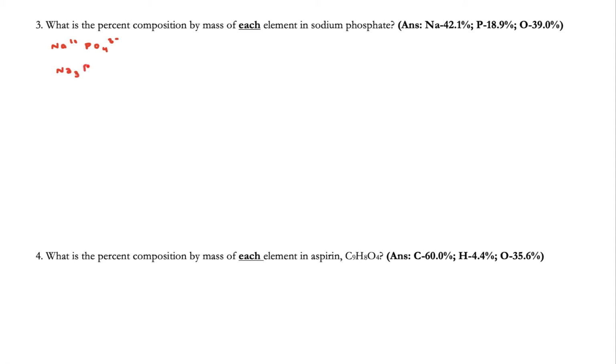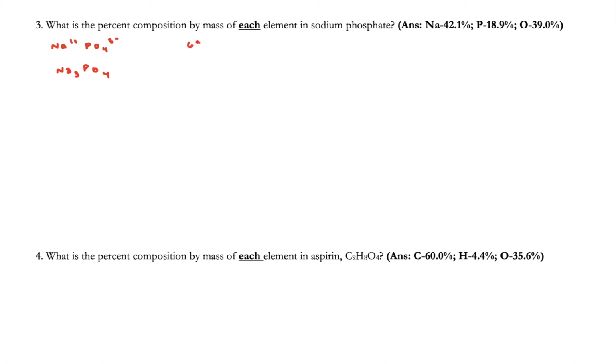Na3PO4. To determine the percent composition of each element in this compound now, I need to take the molar mass of each element, the total molar mass that it contributes to this entire compound, and divide it by the total mass of the compound. To begin with, sodium: I have 3 sodiums, so I'm going to take 3 and multiply by 22.99, which is the molar mass of sodium. That is 68.97.